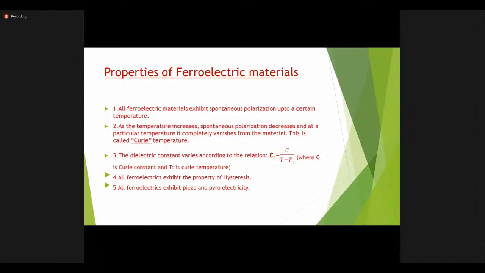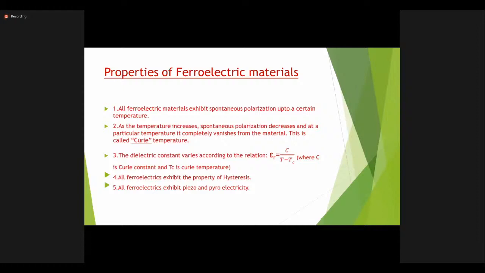And the dielectric constant varies according to the relationship C by T minus Tc, where C is Curie constant, T is the external temperature and Tc is the Curie temperature, the temperature at which spontaneous polarization decreases in the material. All ferroelectrics exhibit the property of hysteresis, and all ferroelectrics exhibit the property of piezo and pyroelectricity.